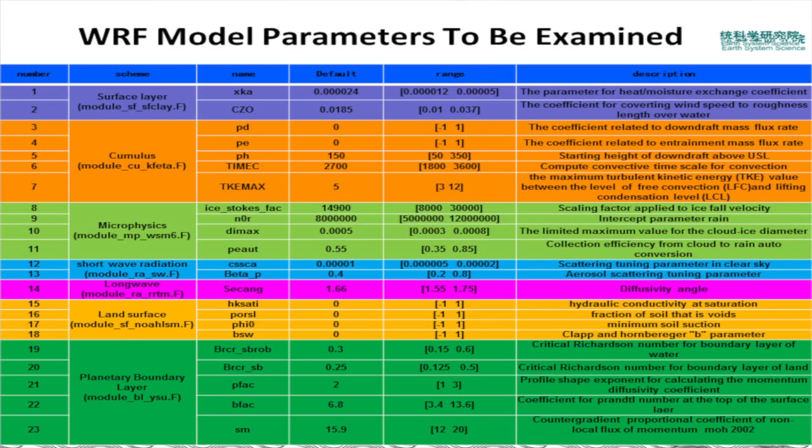When we identified them, we checked whether they have to do with surface temperature and precipitation. We also communicated with many experts, including the model developers and other advanced modelers, to identify the reasonable range.